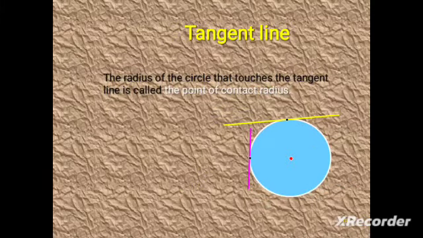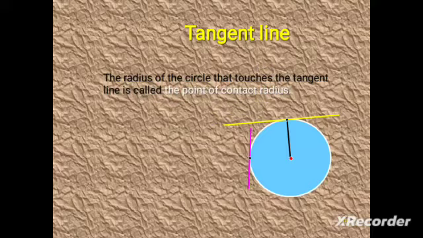The yellow line is a tangent to the circle at a dotted point, and the purple line is a tangent to this circle at the dotted point.